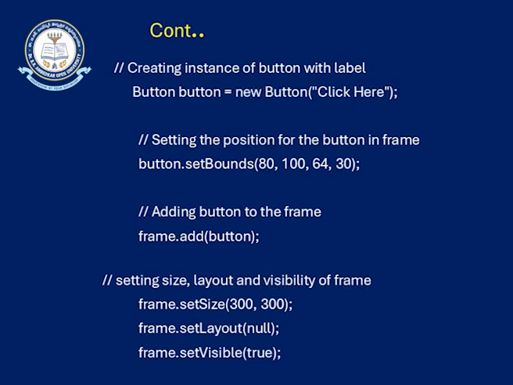Using the add method I am adding frame.add(button). Next, I am setting the frame size 300 by 300, and frame.setLayout(null), I am not giving any layout, and setVisible(true). If we give true, then only our frame will be visible to see.